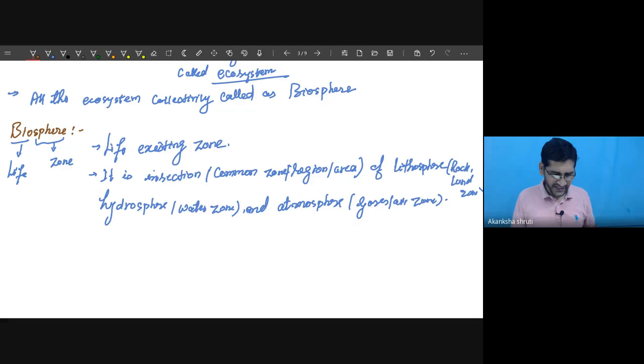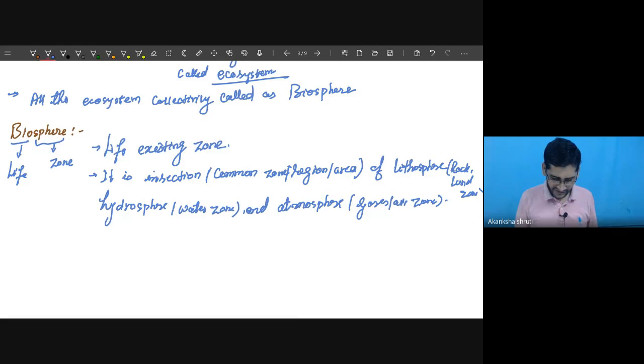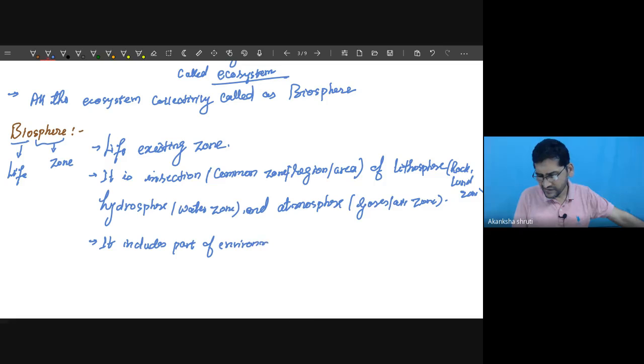So biosphere includes everything. It includes both biotic and abiotic factors. It includes part of environment. Environment is even bigger than biosphere, or sometimes environment and biosphere are taken synonymously also.